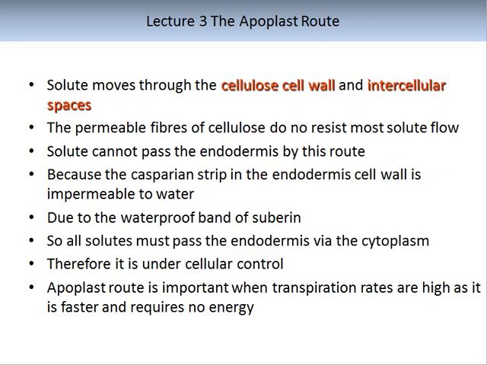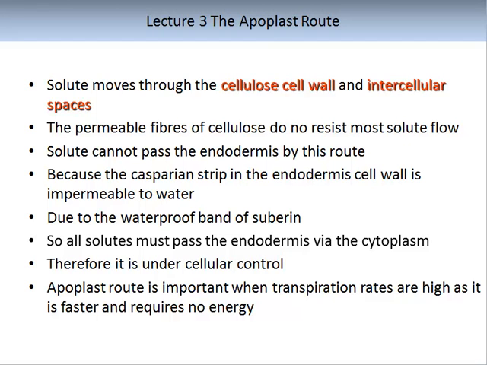The less common route, but still important, is the ATPase route. In this route, the solute moves through the cellulose cell wall and into the intracellular spaces. The permeable fibres of the cellulose do not resist most solute flow, and hence this route can exist.